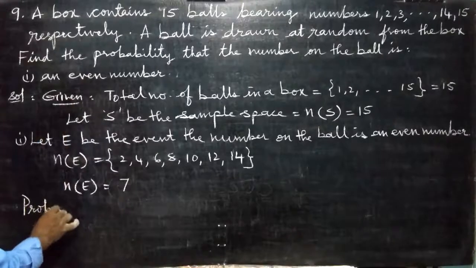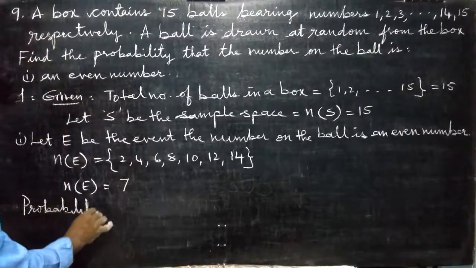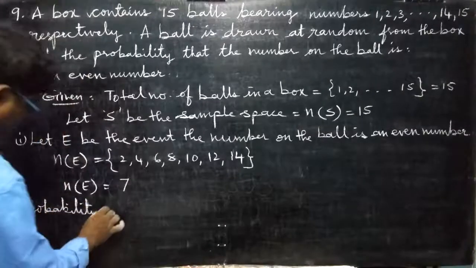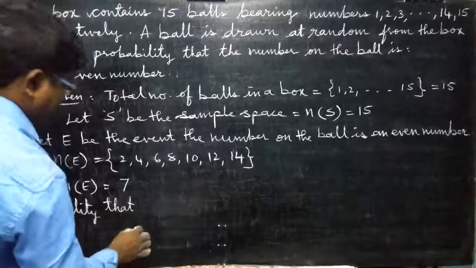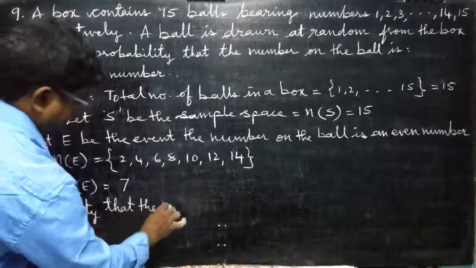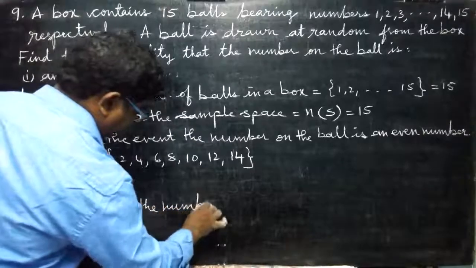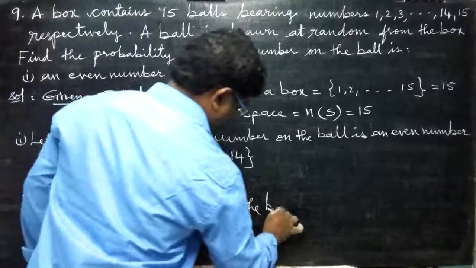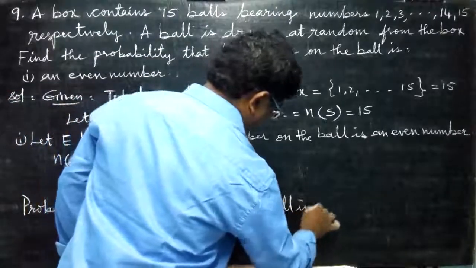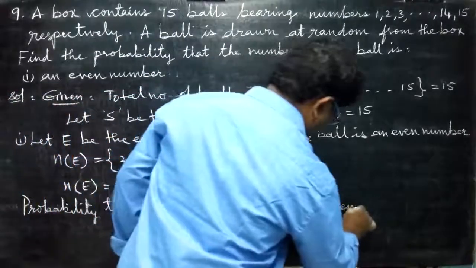Now they are asked to find the probability that the number on the ball is an even number.